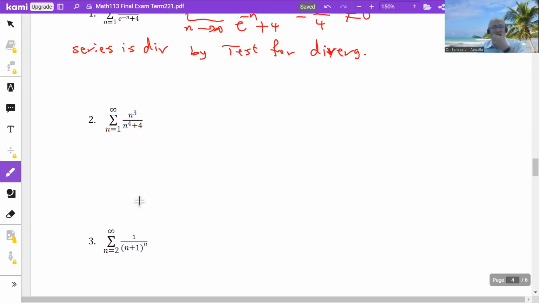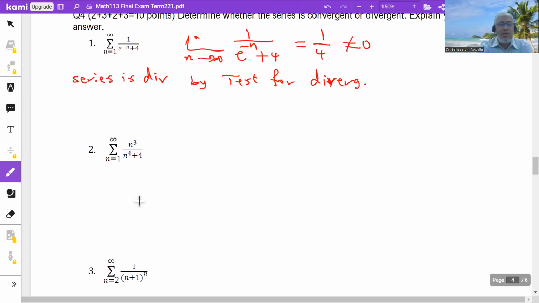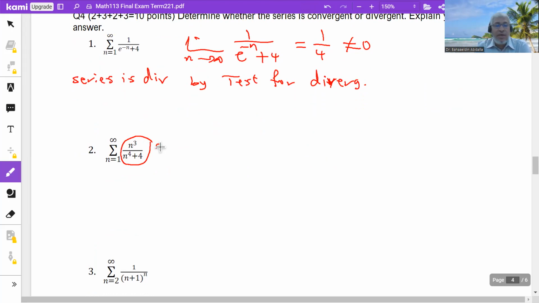While here I have n cubed over n to the power 4. So this is a_n, and I can take b_n, the highest power in the numerator, which is n cubed, over the highest power in the denominator, n to the power 4.